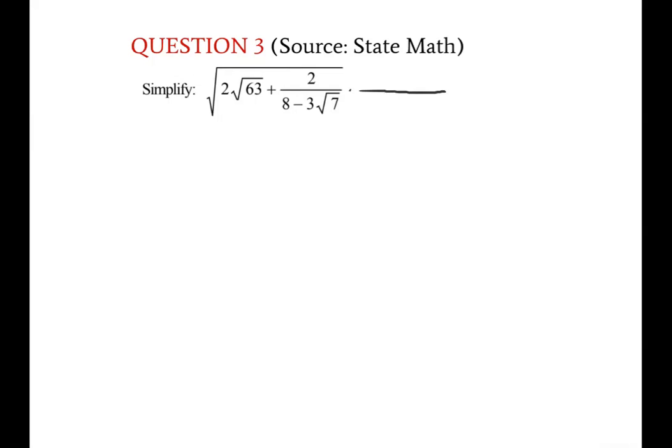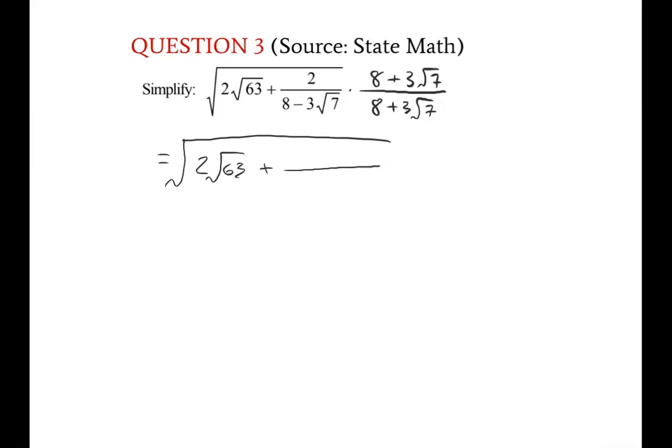So we're going to multiply this whole fraction by 8 plus 3 square root 7, so that we'll get 2 times 8 plus 3 root 7, which is just 16 plus 6 square root 7.